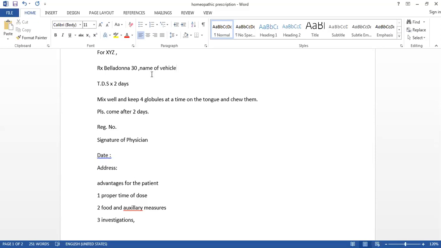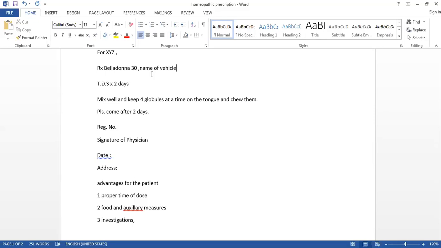So here is the third question. Please give me one example of the prescription for a man who is suffering from tonsillitis, and here you have to give the medicine Belladonna, again Belladonna 30, and with that advise him for gargling. For that gargling you have to give the medicine.